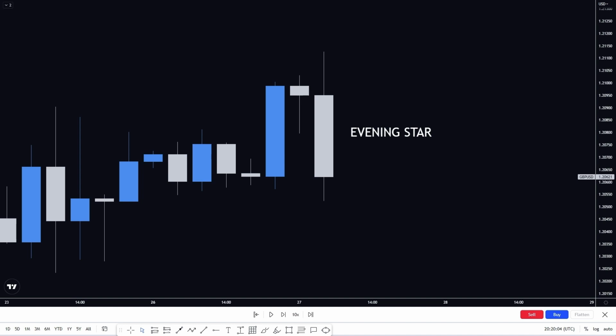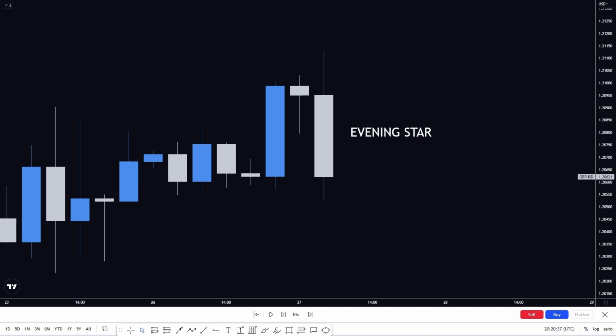So we get this doji candle in the middle, and then we get the strong bearish candle to retrace back down the side of the upward candle, giving us the complete evening star. As well as that, we also have the high wick on that bearish down candle, which is an additional confluence to show us that price tried to push higher after the middle candle, but then immediately rejected that area and started to move to the downside.